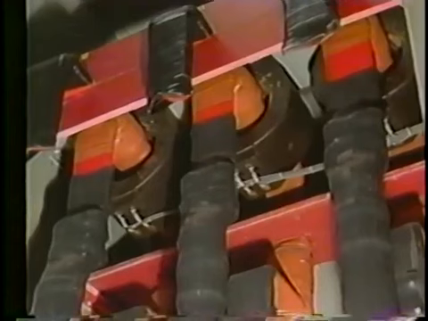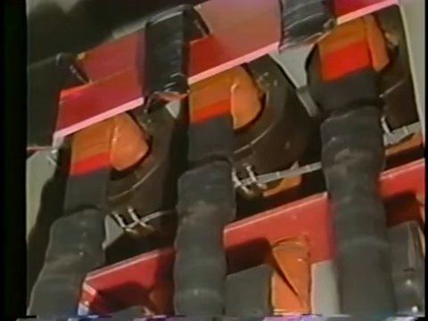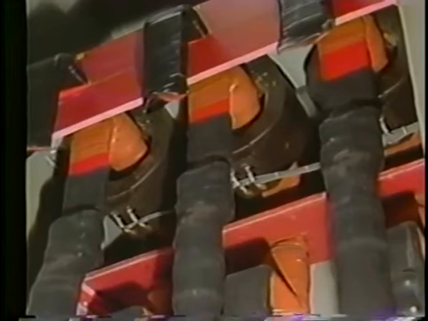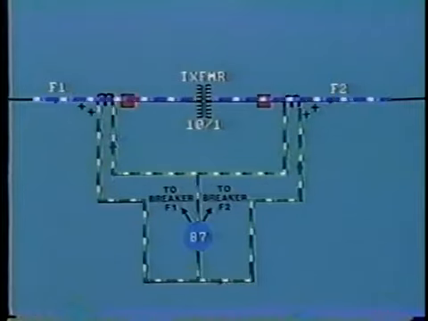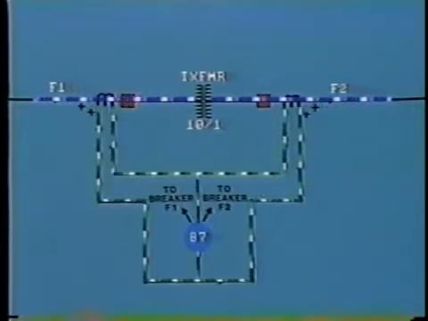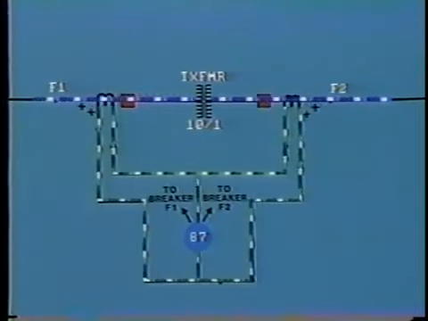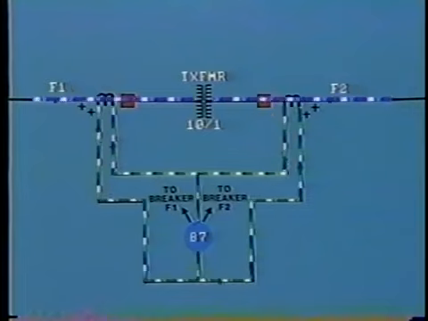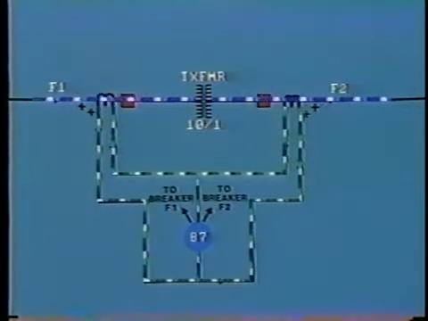Moreover, it is almost impossible to produce current transformers with absolutely identical characteristics, especially when they have such widely different ratios. The result of this is that even when operating conditions are normal, that is, there is no internal fault in the transformer, there will still be a slight imbalance between the secondary currents flowing in the CT circuits.